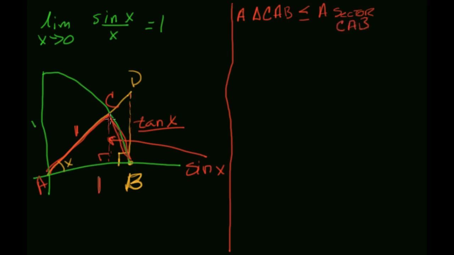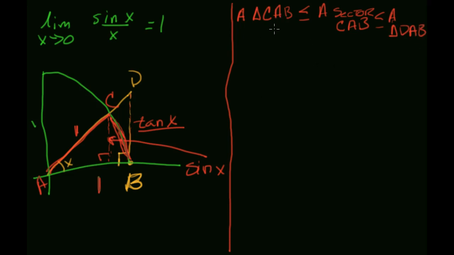CAB is the triangle with the straight line, the sector is the curve, so the space between the straight line and the curve is the difference in the two areas. So the sector has to be larger, and this has to be less than the area of triangle DAB.